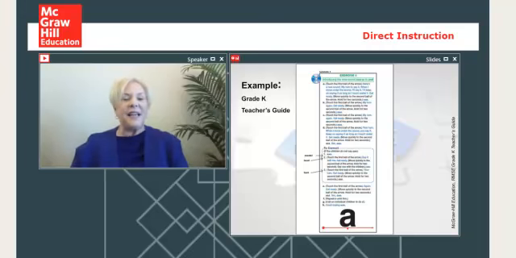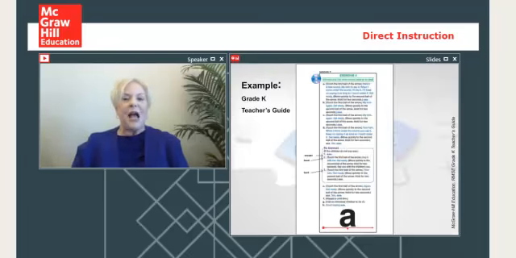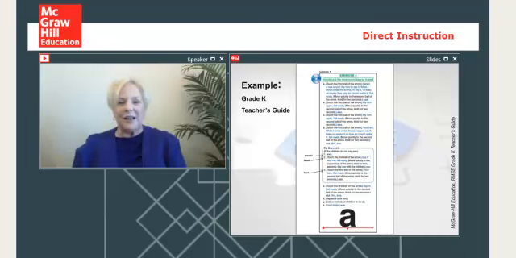Then at step D, we see the test to see if the students are doing well. So we're looking at our model by the teacher, the lead, the test, the retest. But let's look at what happens at D. If the students do not get the right answer, what happens? That correction procedure, again, is going to use the structure of the model, lead, test.